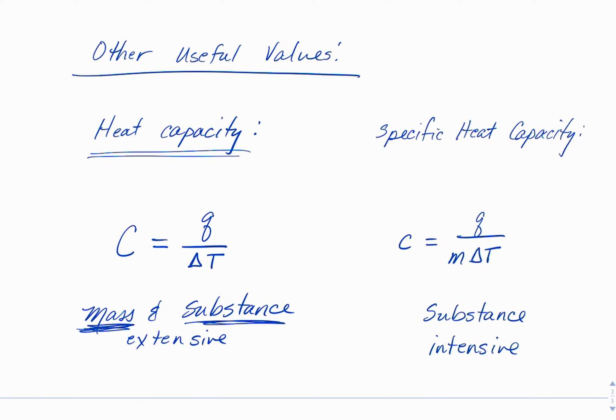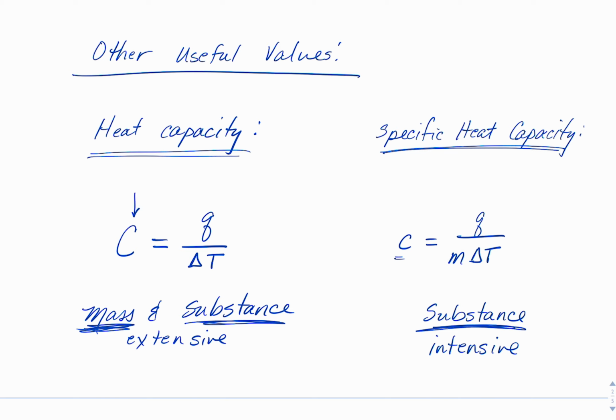Another way to think about calculations of thermochemistry would be the term specific heat capacity. The specific heat capacity takes into account just the substance. It doesn't take into account the mass of the substance that you have, and it's considered an intensive property.